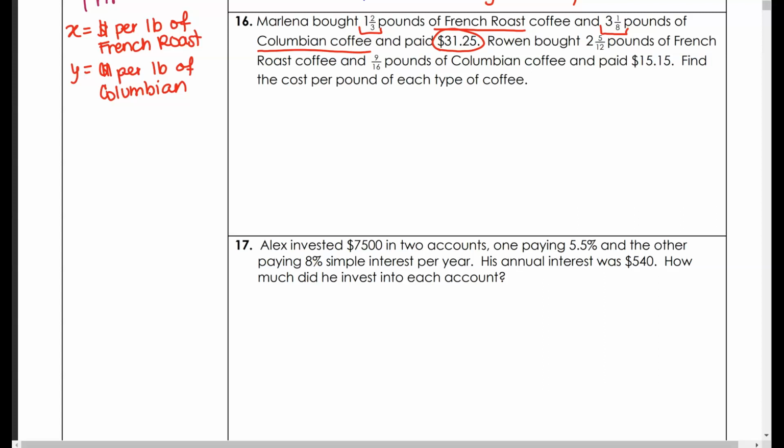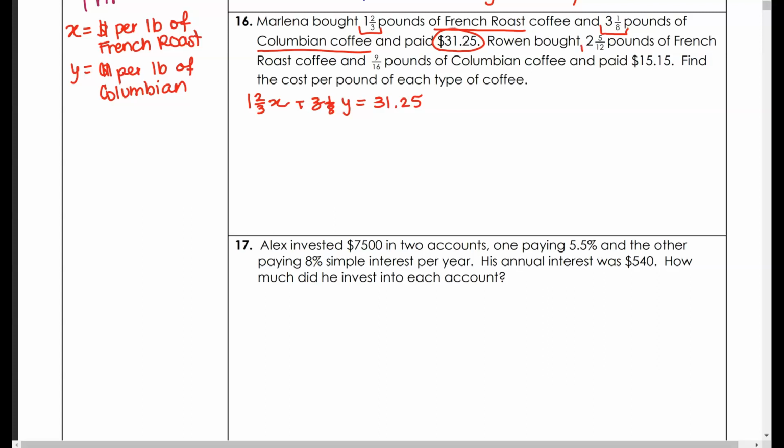So this turns into 1 2/3 of X plus 3 1/8 of Y, and that's going to equal 31.25. Remember, our X and Y are that price per pound, and so we're listing out the pounds.